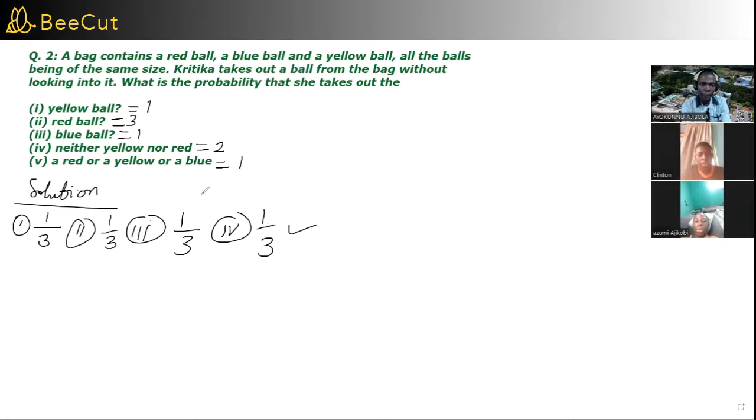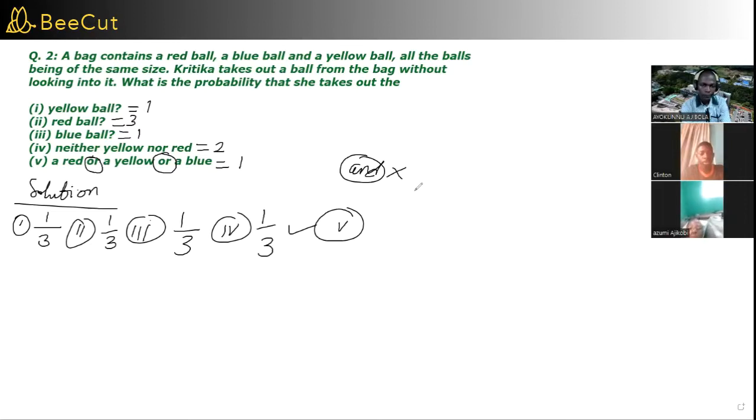But okay, let's look at the last one. The last one says, find the probability that it will be a red or a yellow or a blue. Is there any other color apart from these three colors? No. And then or in probability means what? Or means addition, while and means multiplication in probability.